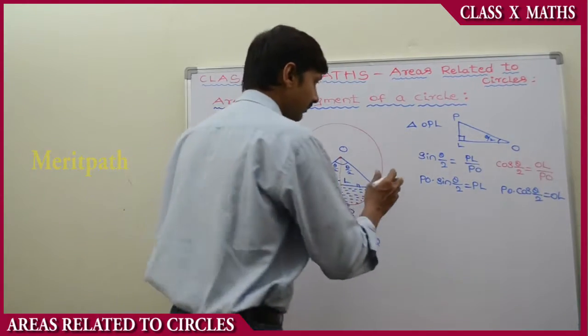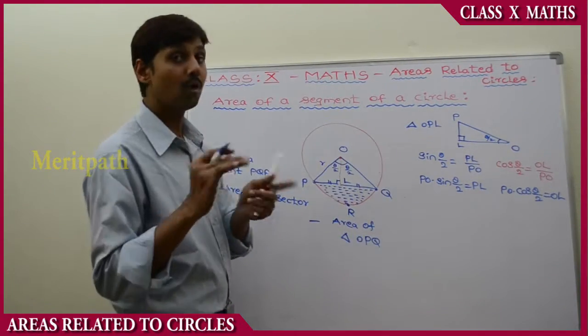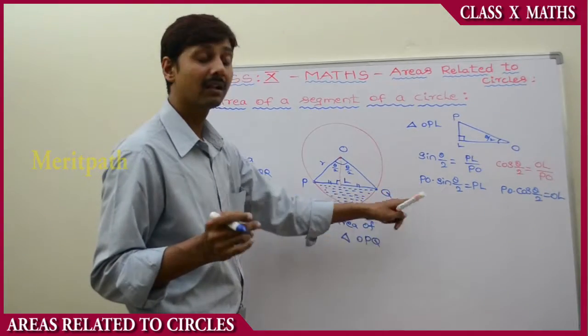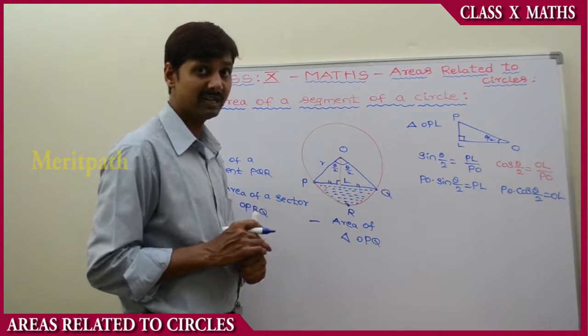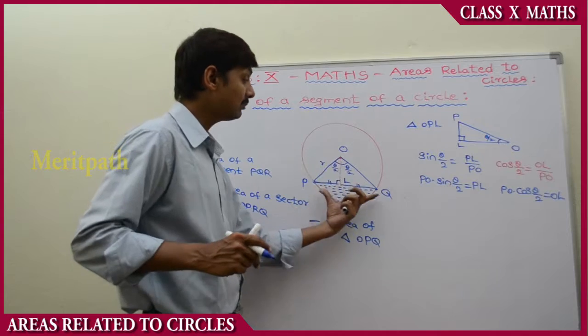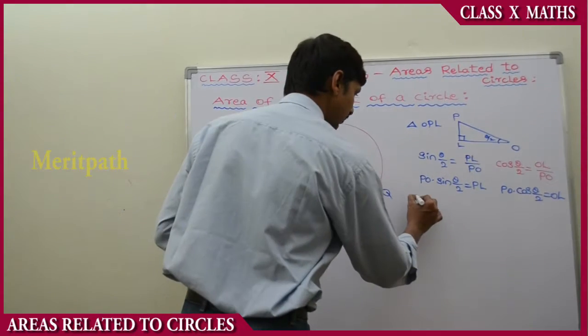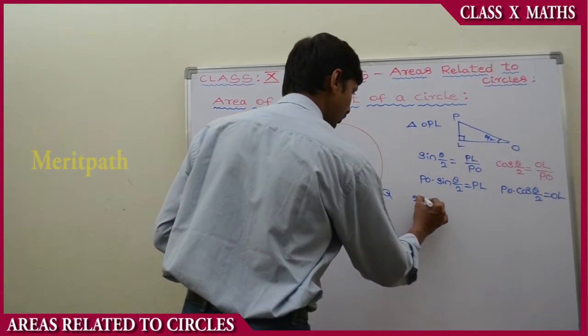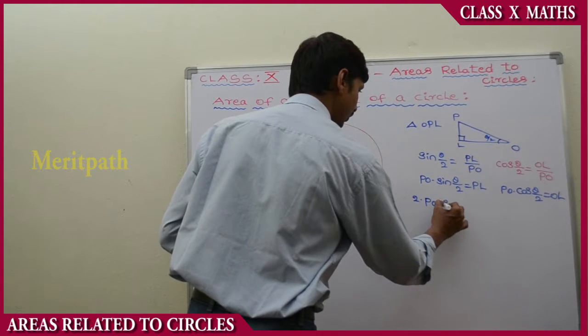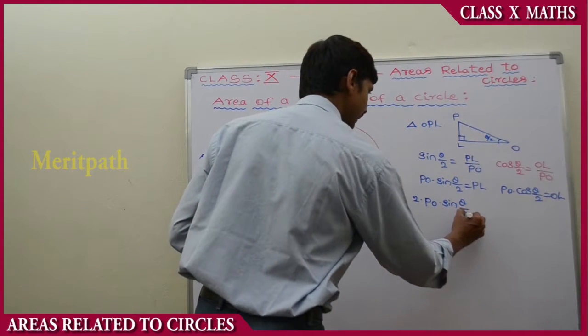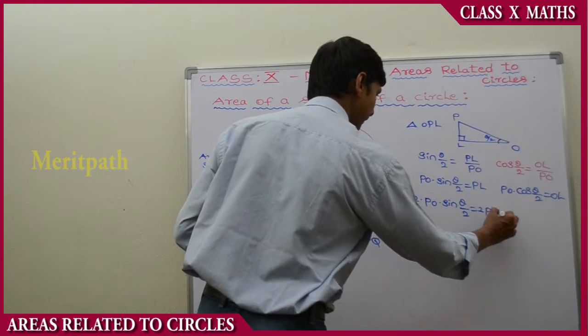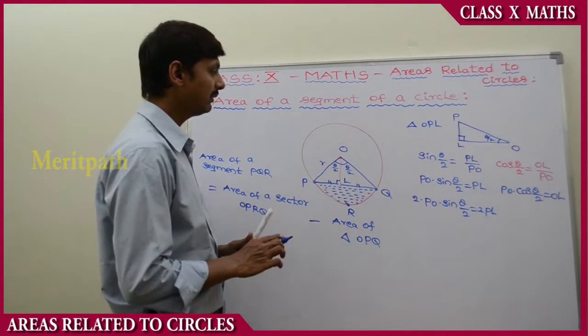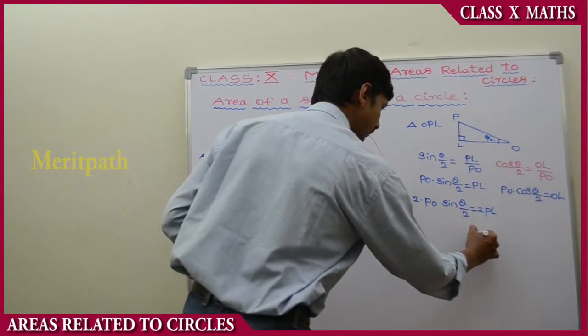So when we multiply by 2 on both sides of this equation, we will be getting 2 times PL. 2 times PL is nothing but PQ. So multiply by 2: 2 into PO into sin theta by 2 is equal to 2 times PL, and 2 times PL is nothing but PQ. So write PQ in this place.